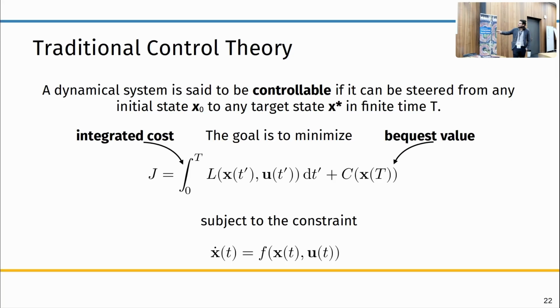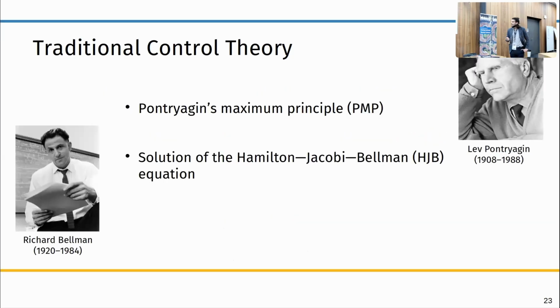So you have some term that accounts for an integrated cost, right? That could be the energy you spend over a certain time, and you have a final cost. And your constraint is given by a dynamical system that depends on both the system state and the control input u. So u is a control function.